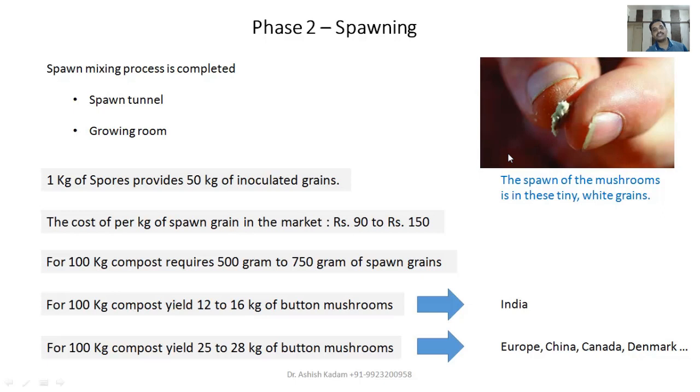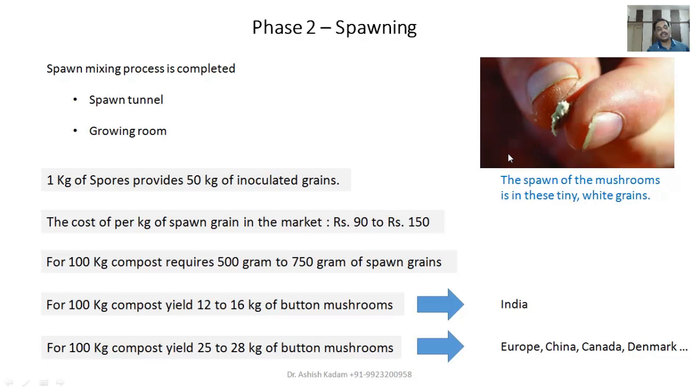Another aspect is that you are transferring a lot of pathogens and bacteria because of the movement of people into the growing room. The third advantage is that you can do this entire process in very little time. The fourth advantage is that the number of days you spend on transferring and filling the growing rooms also gets reduced.